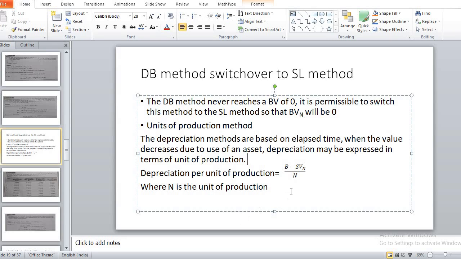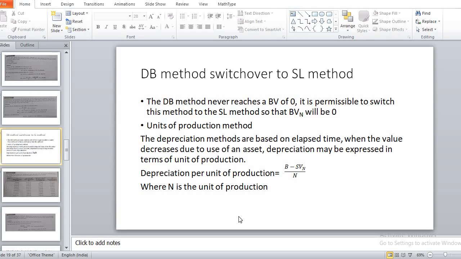In this approach, the number of years is replaced by the number of products produced within a particular period of time, and for that we can provide some depreciation. So this approach is called the units of production method.